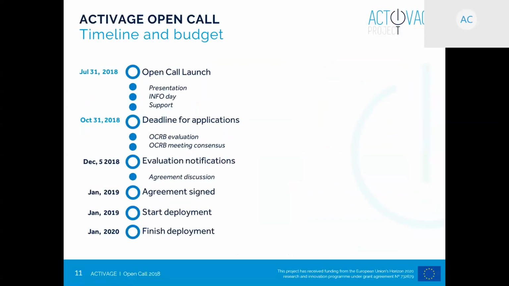We will publish this final list and contact the winners in order to define the commitments with all of them, and to sign an appropriate agreement between the deployment sites and the SMEs or startups.